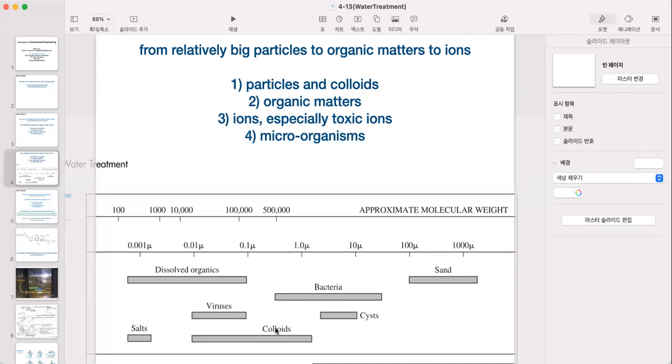So a membrane with a very small pore is not enough to remove sodium and chloride. These types of membrane are enough for organic matter, right?